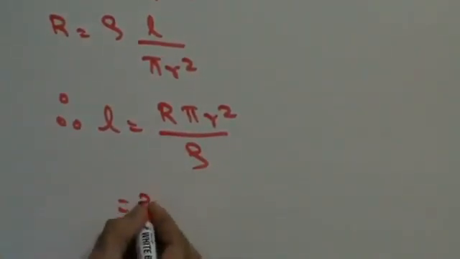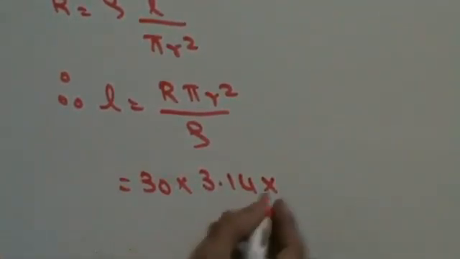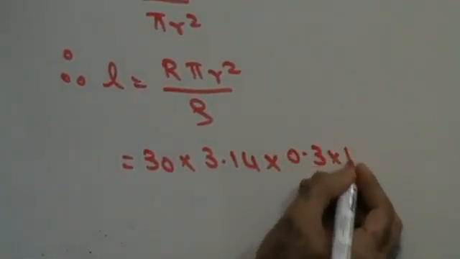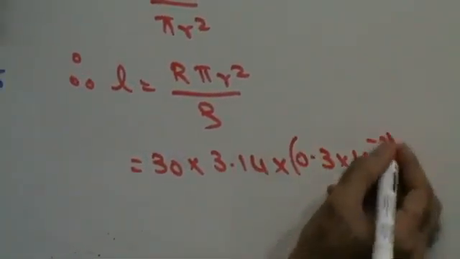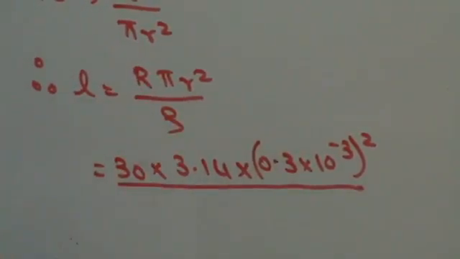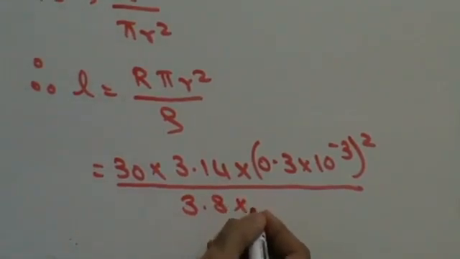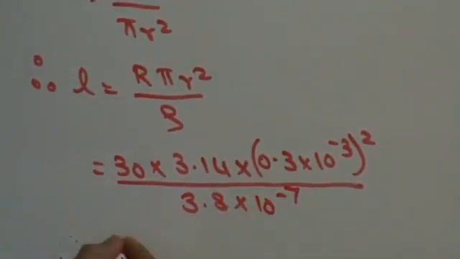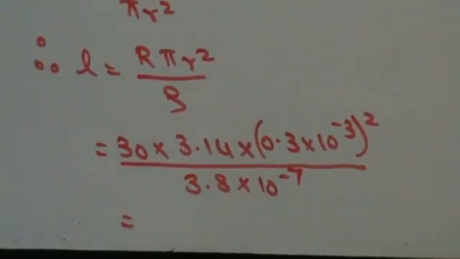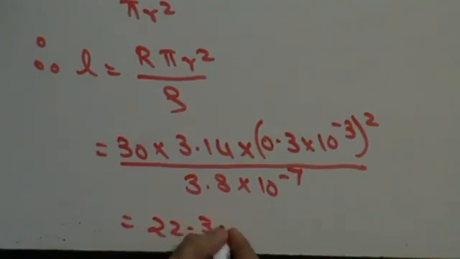Resistance is 30, pi 3.14, radius 0.3 into 10 raised to minus 3 the whole square upon rho, resistivity 3.8 into 10 raised to minus 7. Solve the equation. When you solve the equation, you will get this answer as 22.3 meters. So the length of the wire is going to be 22.3 meters.